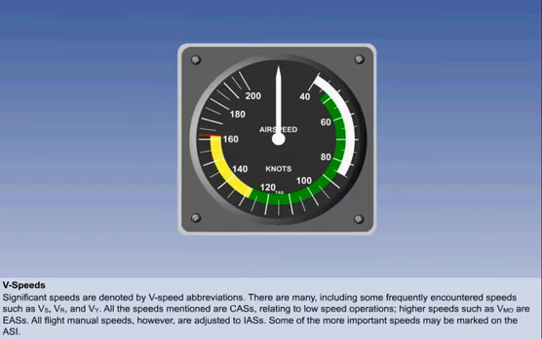All the above-mentioned speeds are calibrated airspeeds, as they relate to operations at low speed. Maximum operating, VMO, is an equivalent airspeed because it is a high speed. However, all the speeds quoted in the flight manual are adjusted to indicated airspeeds, since this is what the pilot will see on his ASI, which may have coloured arcs around the outer edge to indicate some of the main limit speeds.